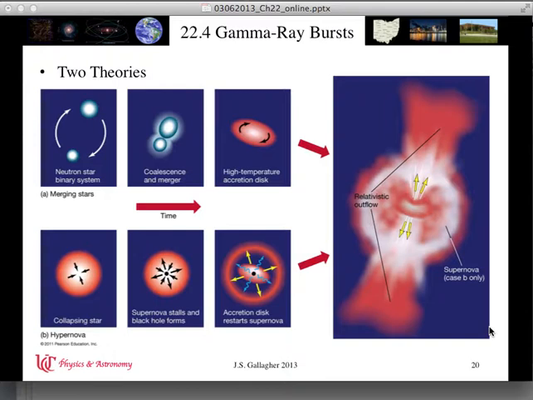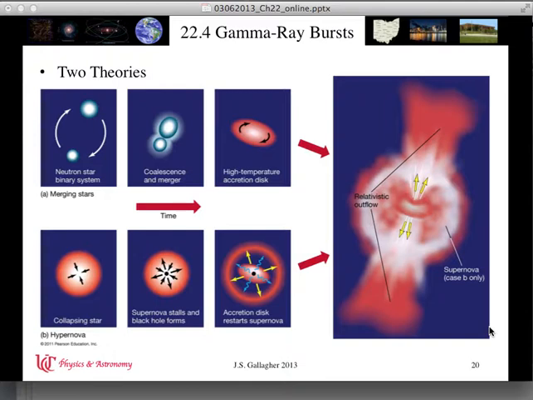We could also have the hypernova scenario. The hypernova says we just have an incredibly massive star, so incredibly massive that neutron degeneracy cannot halt the collapse of the core, and so a black hole is formed, and we're going to be moving on next week to our discussion on black holes. This black hole actually stalls the supernova explosion.